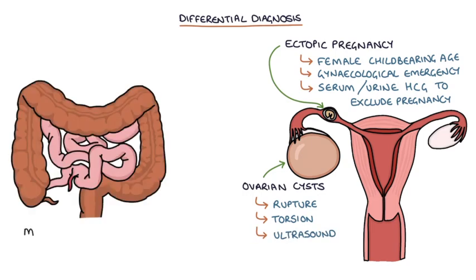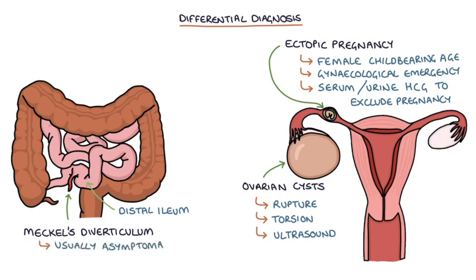Another differential is Meckel's diverticulum. Meckel's diverticulum is a malformation of the distal ileum that occurs in approximately 2% of the population. It's usually asymptomatic and does not require any treatment. However, it can bleed, become inflamed, rupture, or cause a volvulus or intussusception.